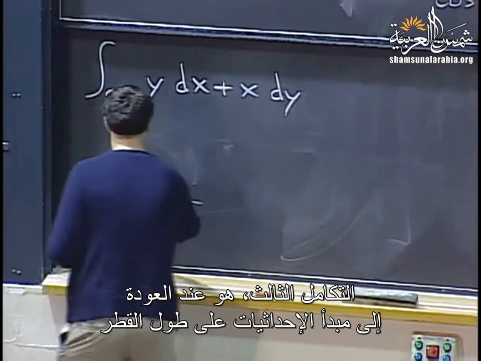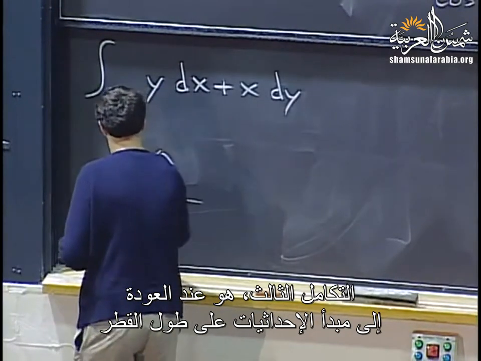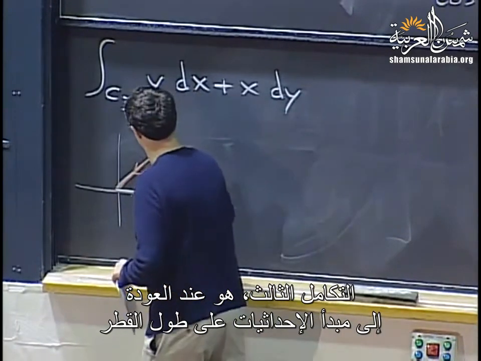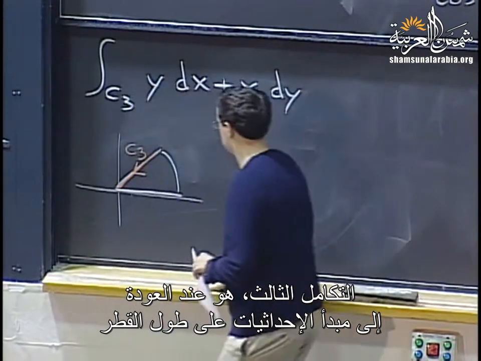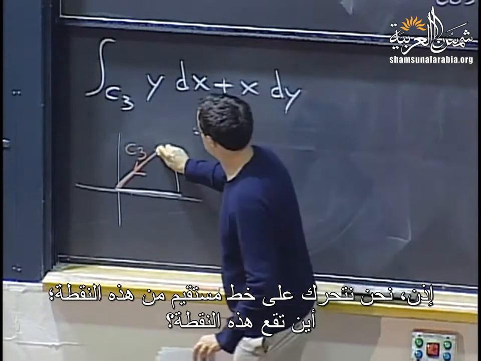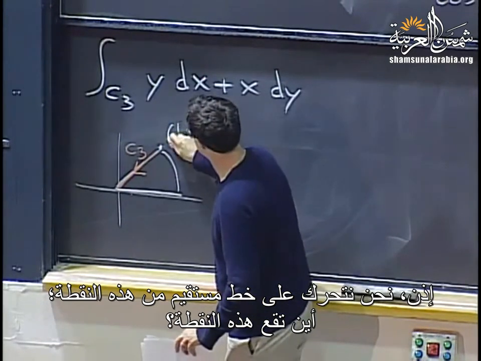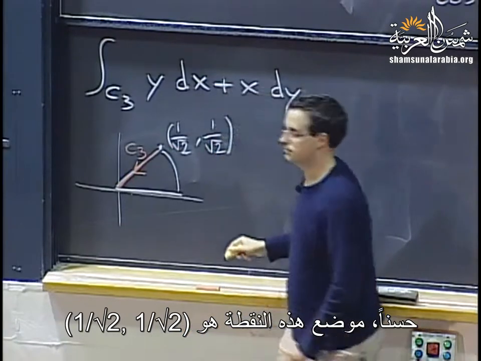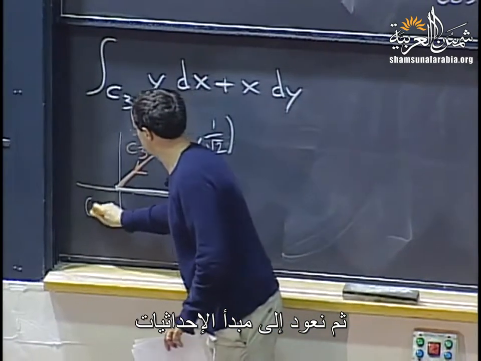So the third one is when we come back to the origin along the diagonal. So we go in a straight line from this point. Where's this point? Well, this point is 1 over root 2, 1 over root 2. And we go back to the origin.